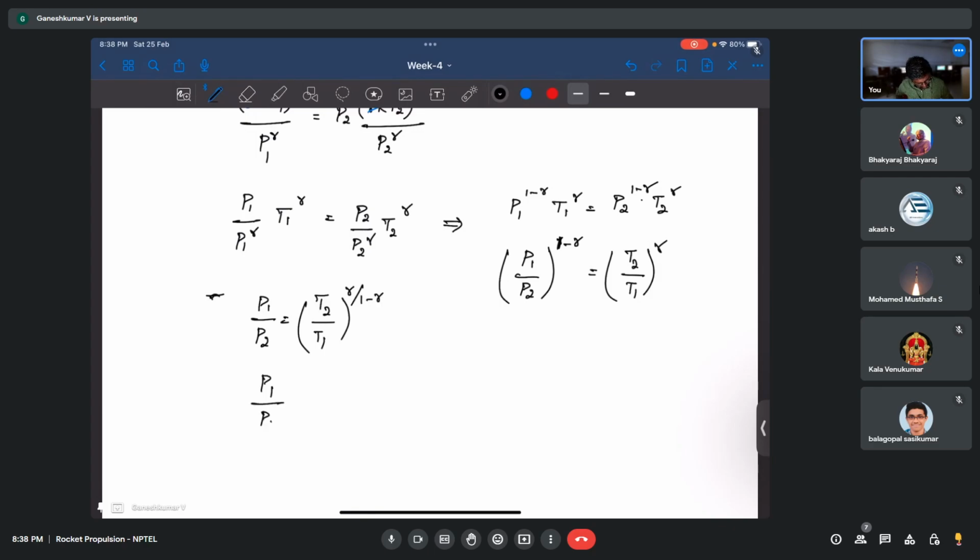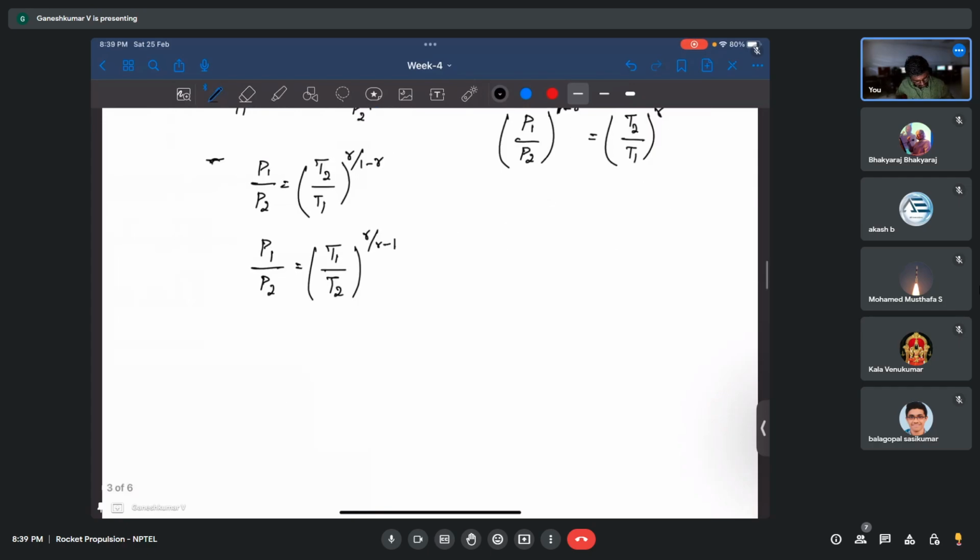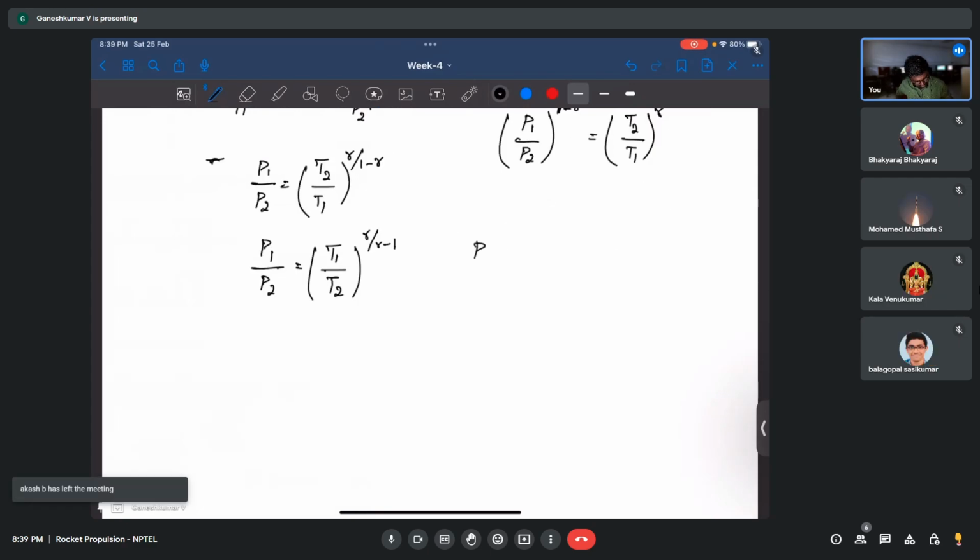Change it, T1 by T2. If you want to write in terms of, let's say P1 is P chamber and P2 is P exit, T chamber by T exit power gamma.